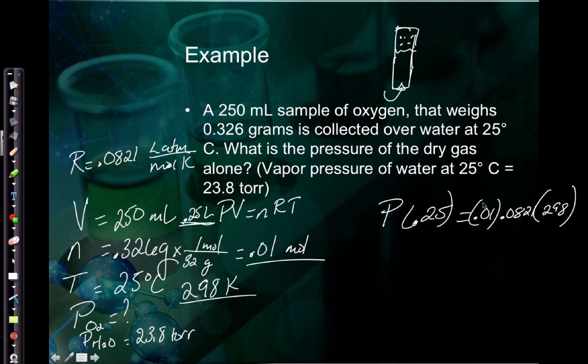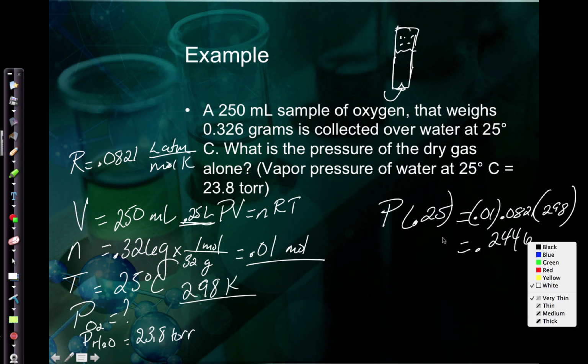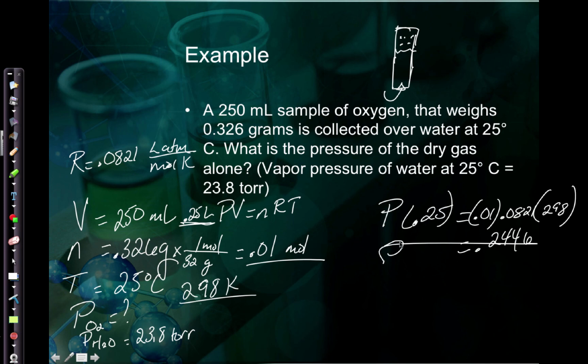All right, so I get 0.244 here. Okay, so now take that divided by 0.25. You get my pressure is 0.978 atmosphere, so roughly 1 atmosphere.